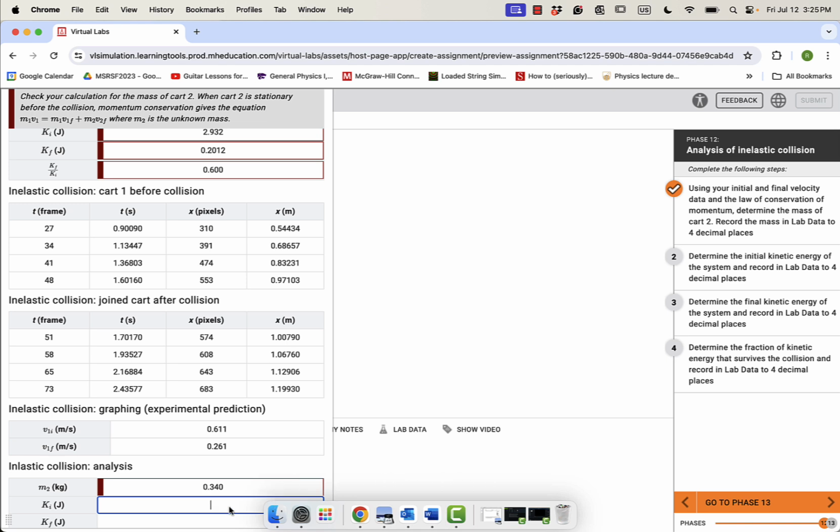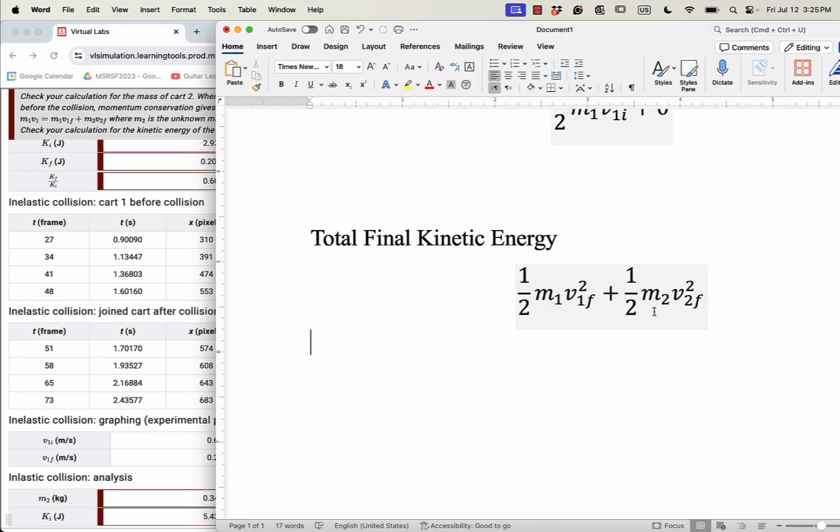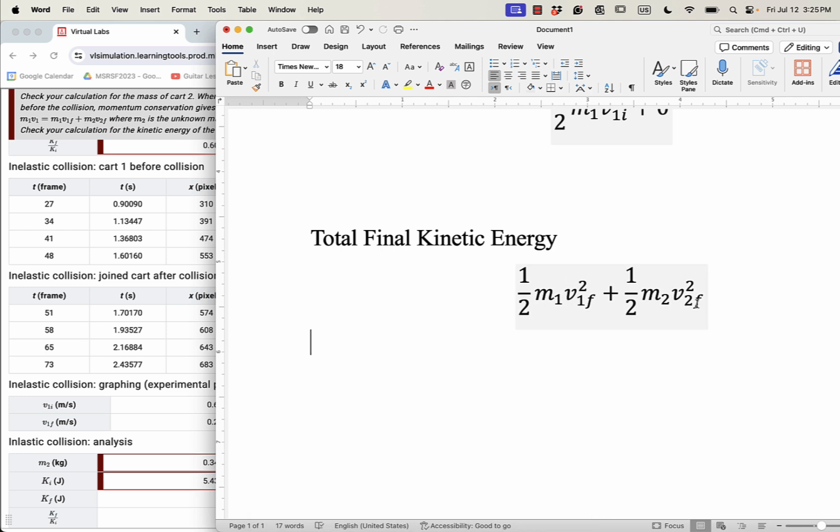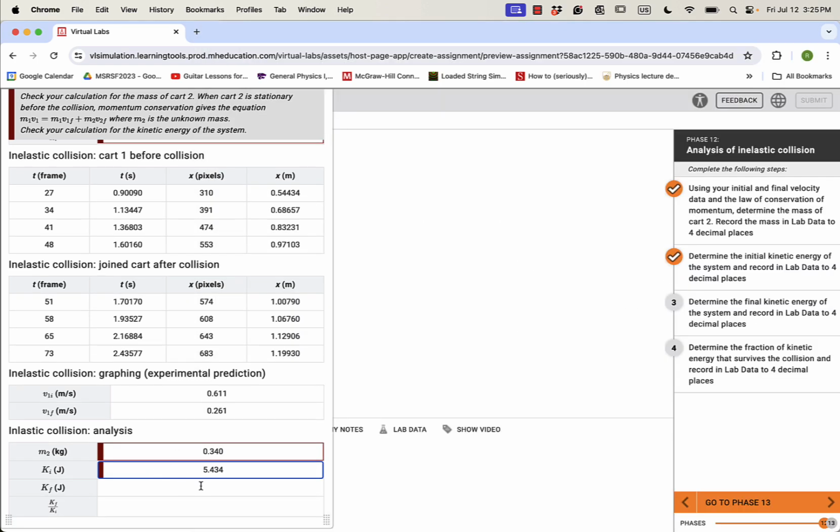So let's put some number here, and then you can also put your final kinetic energy, which is given by this formula. For the final kinetic energy, the velocity for both the masses would be the same. So this V1F and V2F would be exactly the same because they got stuck after the collision and they are moving as a single mass. Okay, so you can plug in your numbers and find the value.